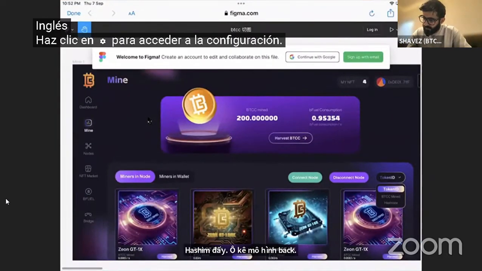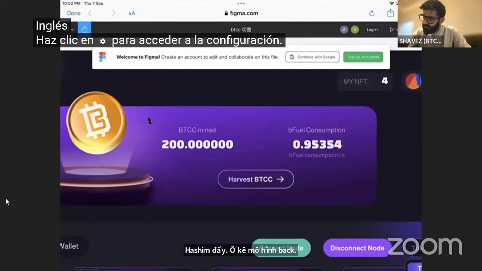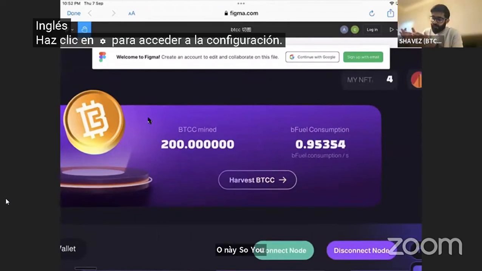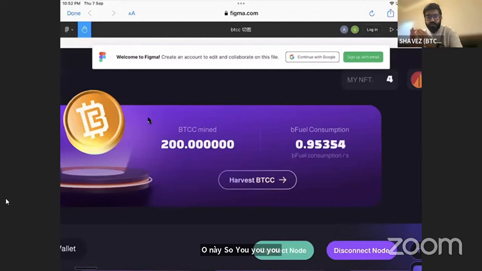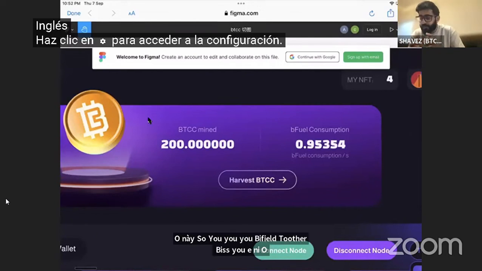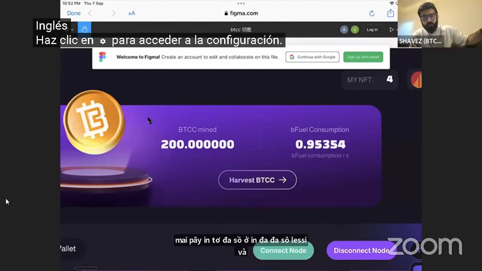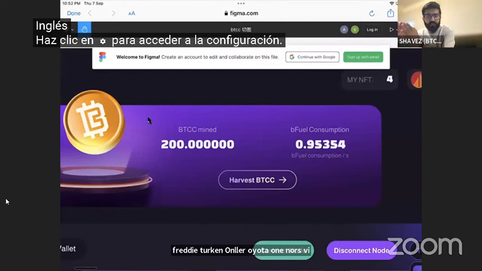All right. So you get your total B fuel consumption on your mine page in the dashboard, in the DApp. So let's say you have 20 miners. Altogether, all miners which are consuming B fuel, the total consumption will be displayed here, right?